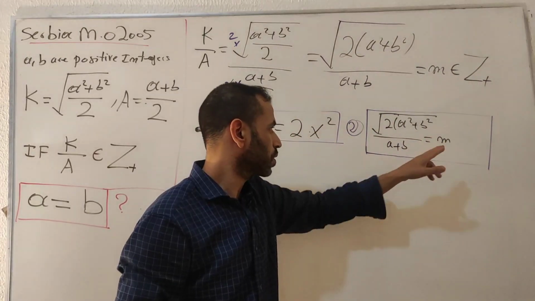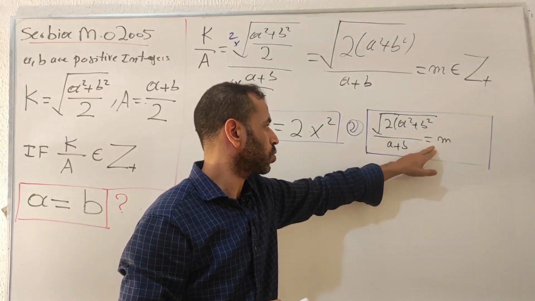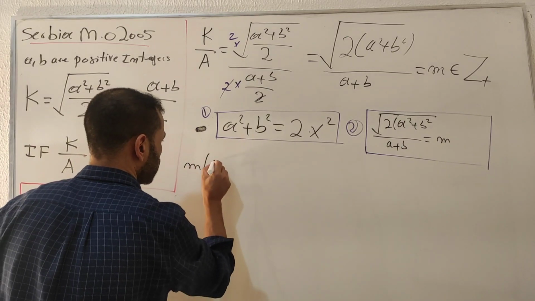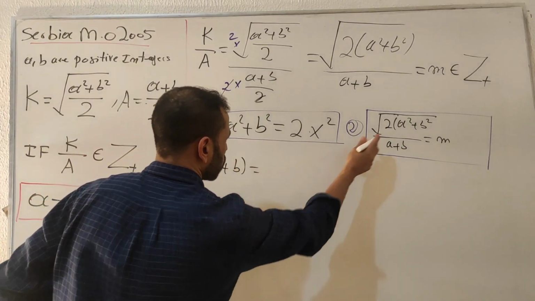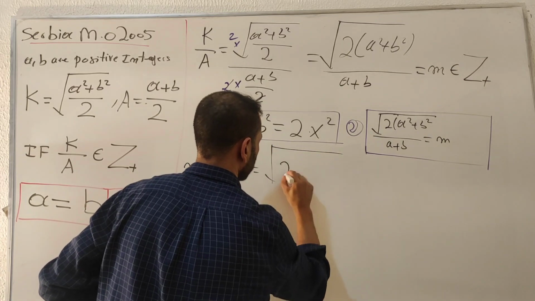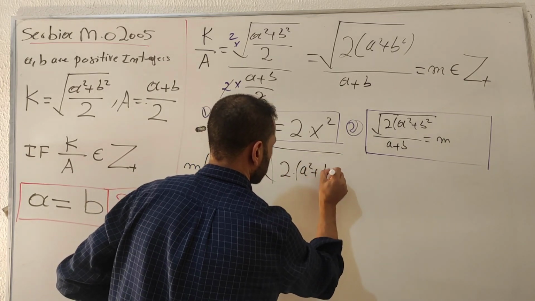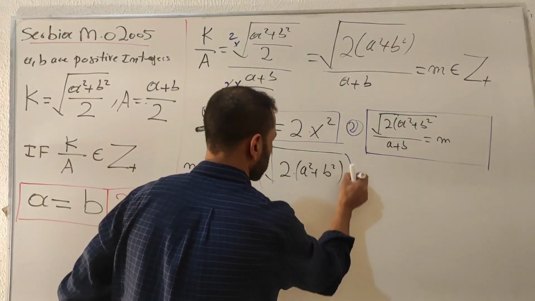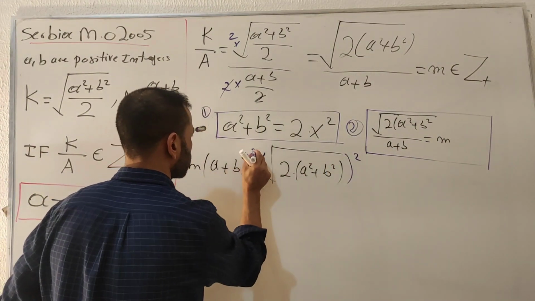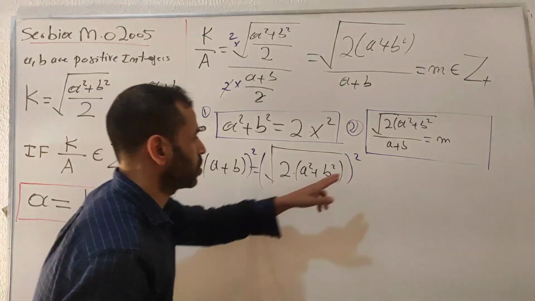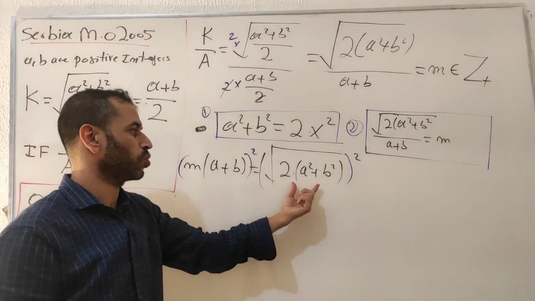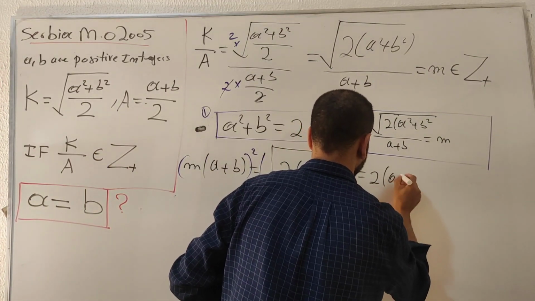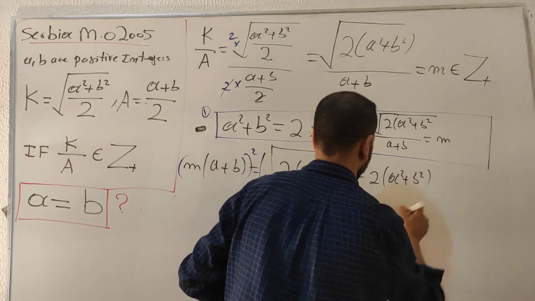So let's work on this one by cross multiplication here. I get m factor (a plus b) equals this square root of 2 multiplied by (a square plus b square). The next thing up, let's square both sides. Squaring both sides, the square cancels out this radical. Which means I get 2 multiplied by (a square plus b square).